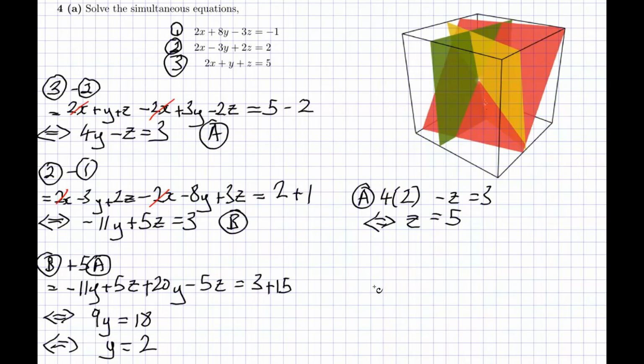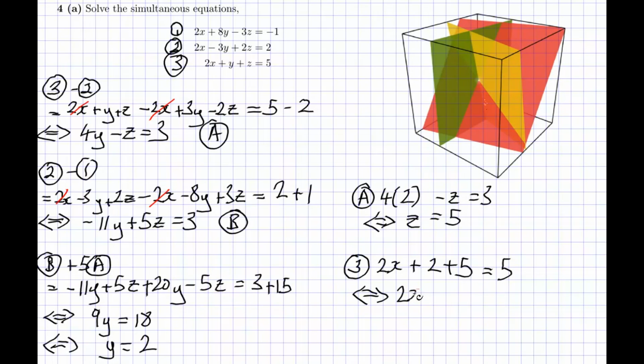So now I know what y and z are, so I can figure out what x is. If I look at equation 3, again, it's just going to be the easiest one because I only have one y and I only have one z, so there's a bit less multiplication to be done. So I've got 2x plus 2, that's the y, and I'm adding on 5 from the z, and that's equal to 5.